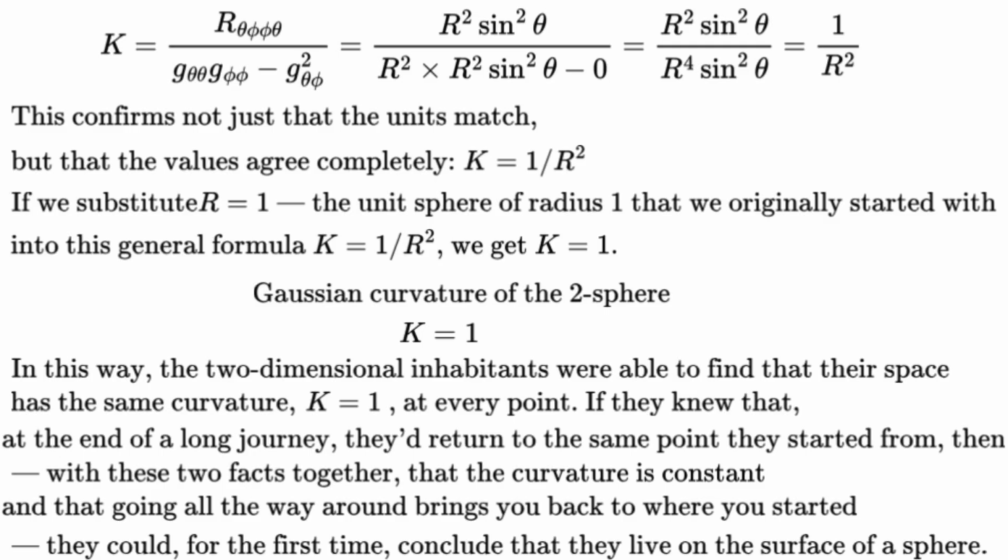If they knew that, at the end of a long journey, they'd return to the same point they started from, then, with these two facts together, that the curvature is constant and that going all the way around brings you back to where you started, they could, for the first time, conclude that they live on the surface of a sphere.